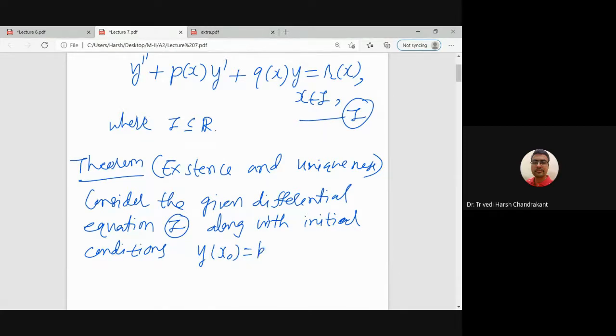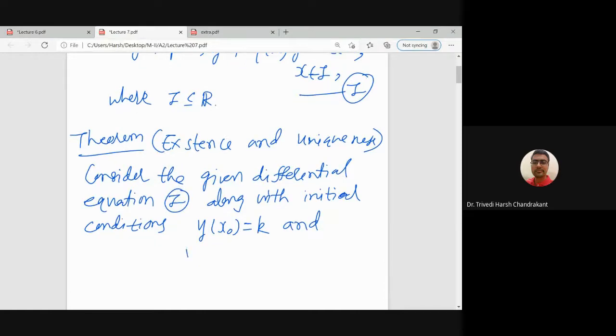Let us say it is k. And the second initial condition we will take in terms of the derivative of the solution y. So that we'll call it some number. Let us say it is k1, k2, or whatever, c1, c2 we can say.